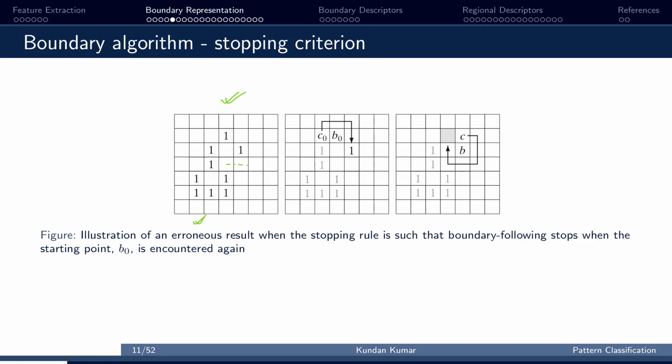So in that case, if we apply the boundary representation algorithm, then we will encounter this problem and it will not traverse the complete boundary. Okay, so this algorithm will be applicable only where we have a closed boundary. So we need to make sure of that. Okay, so this is the drawback of this boundary representation algorithm.